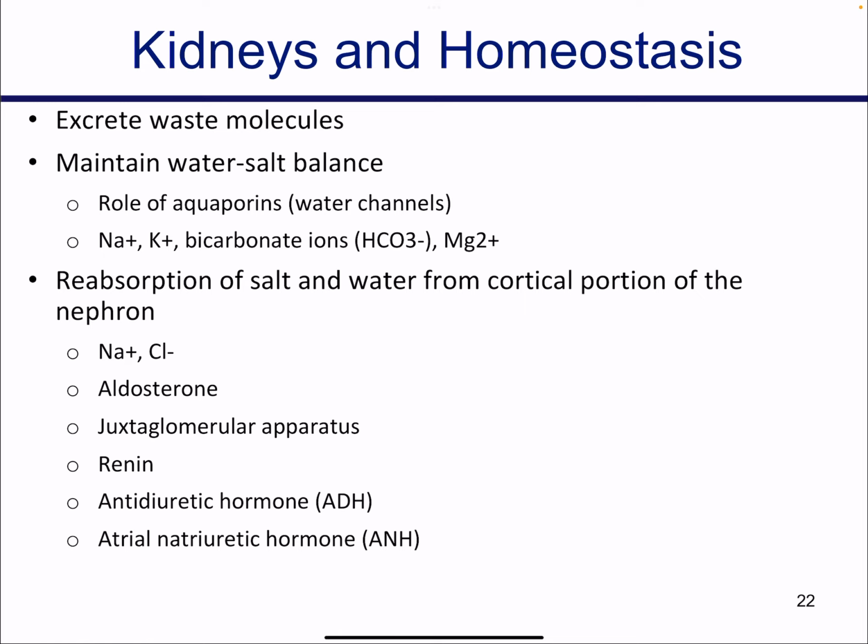In terms of excretion, the kidneys are going to excrete all the waste in the form of urine. They're going to play a very important role in maintaining the water salt balance. How so? By regulating the aquaporins, which control the movement of water in and out of the cell.